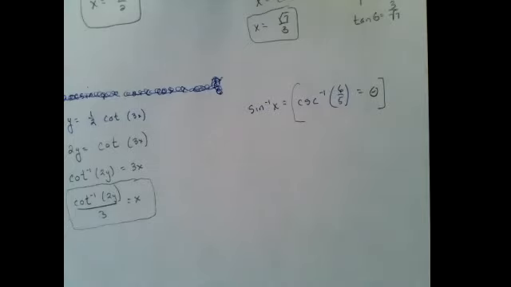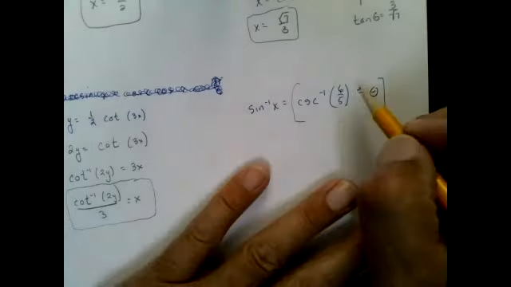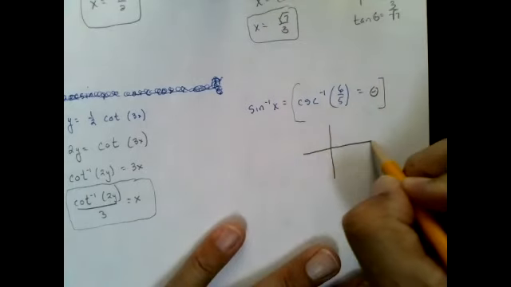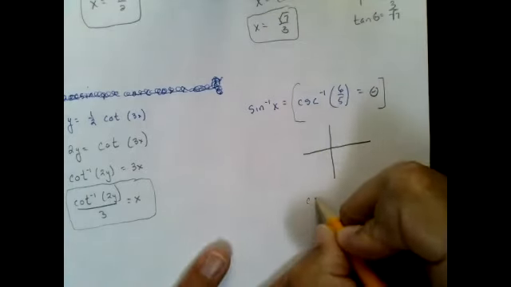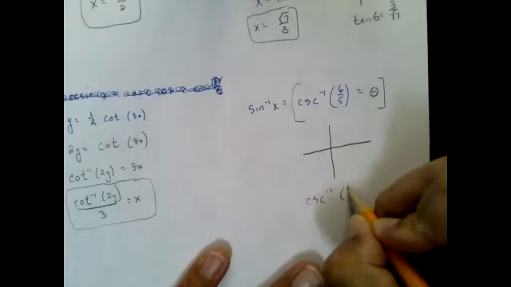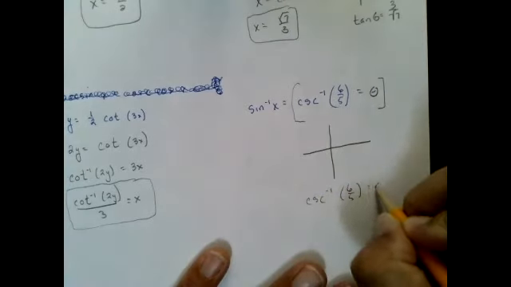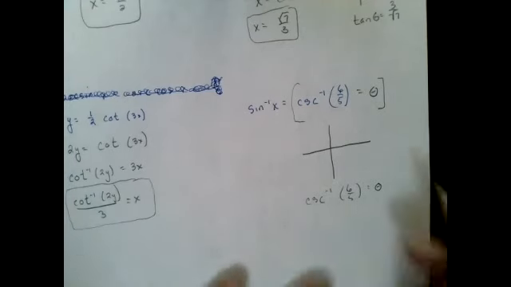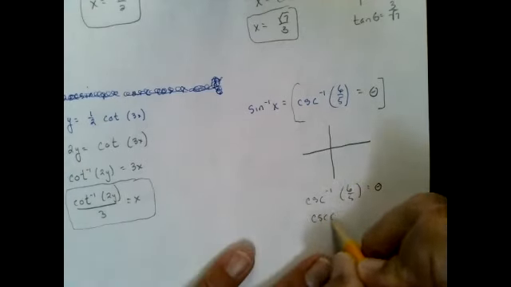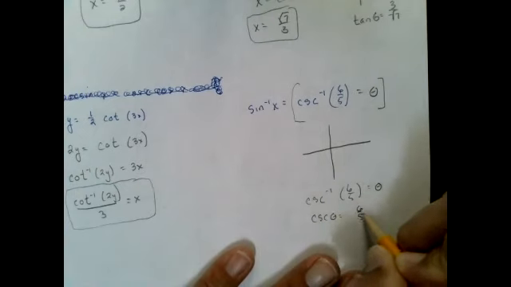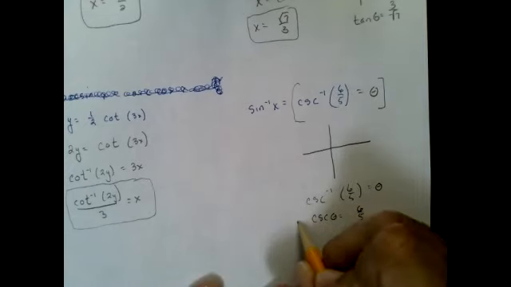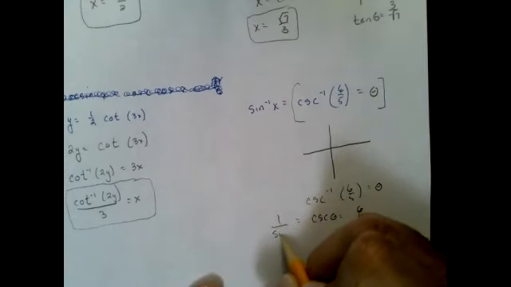I have another answer, another good guess. So let's see. I was drawing a triangle because I had the cosecant of 6/5 equaled theta. And so the cosecant of theta is 6/5, which I know is the same as 1/sine of theta.